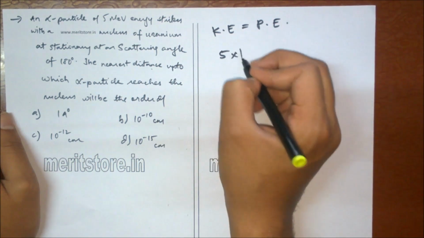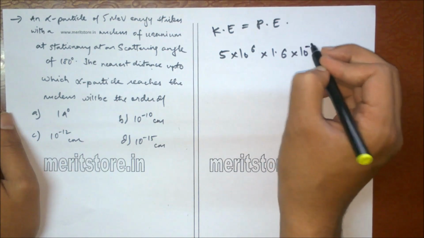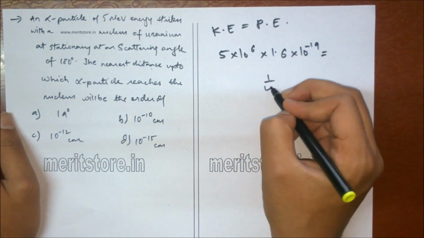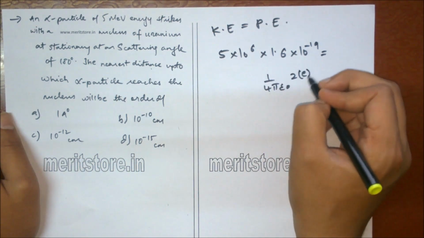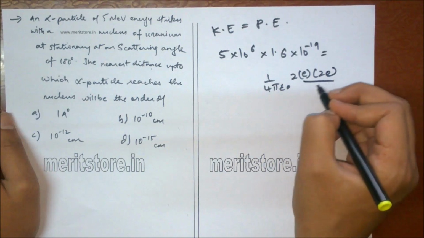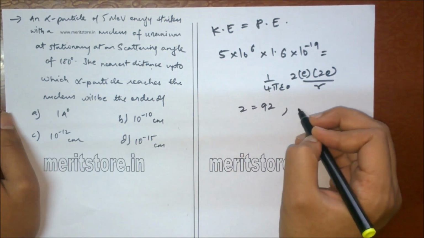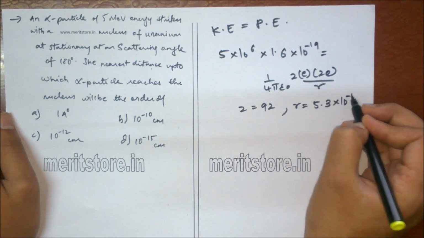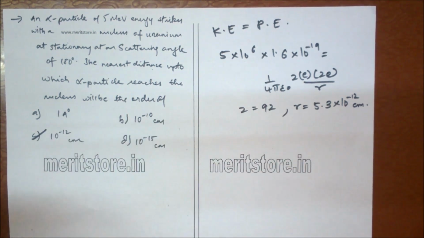So 5 into 10 raised to 6 into 1.6 into 10 raised to minus 19 joules, which is equal to 1 upon 4 pi epsilon 0 into Ze into 2e upon r. For uranium, Z is equal to 92. So r is equal to 5.3 into 10 raised to minus 12 centimeter. So option C is the correct answer.